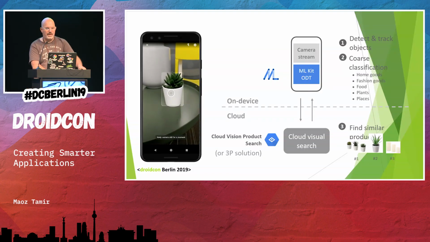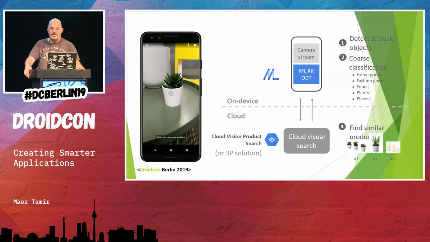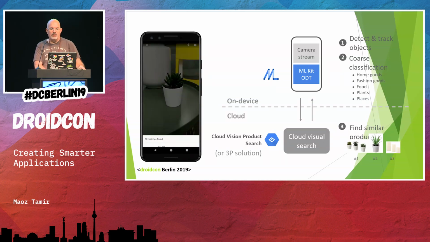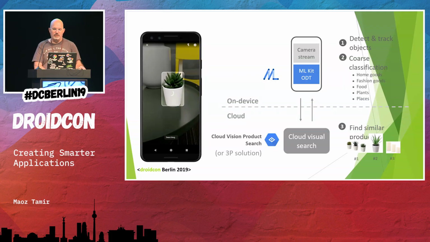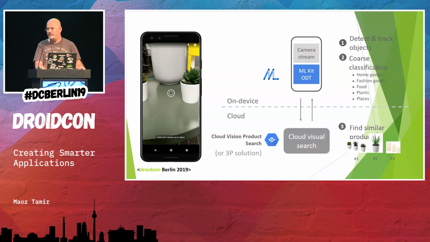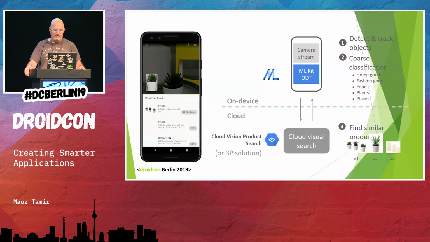So basically, the architecture of this solution is to detect and track the object, and the actual base classification is done on the device itself without any connection to the web.